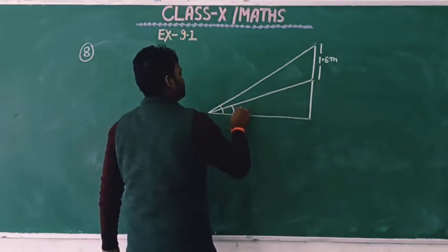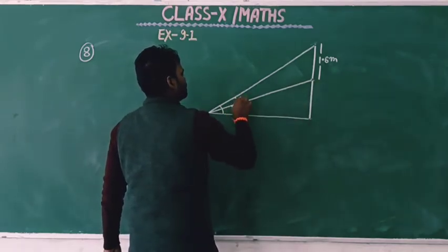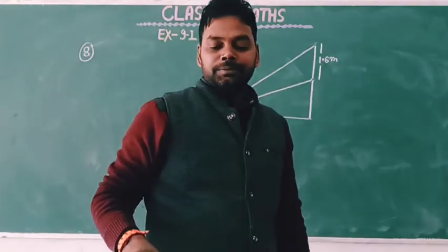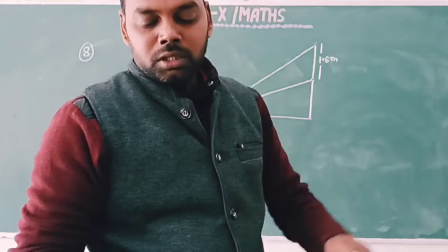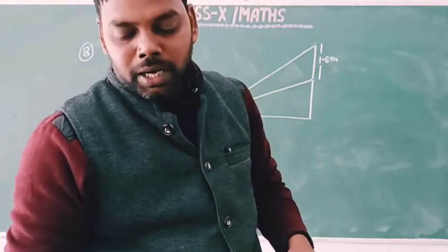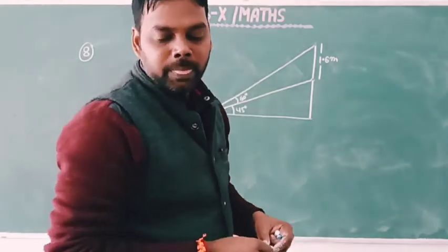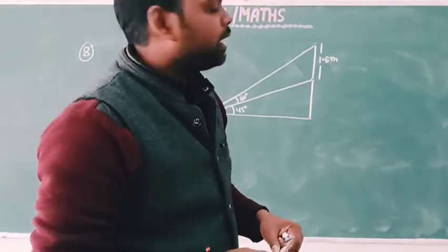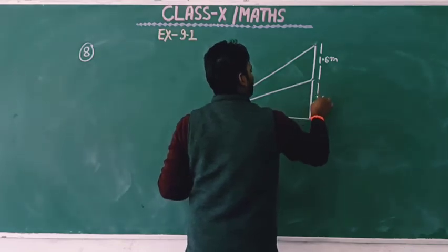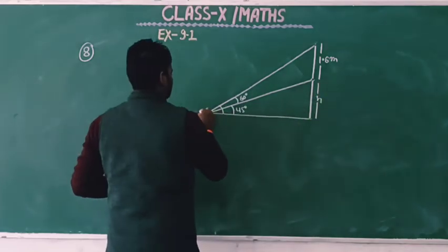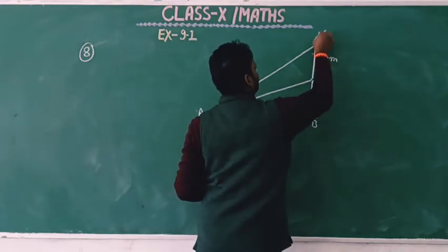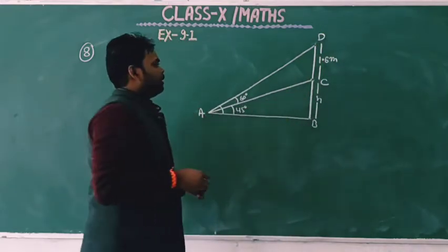This angle is 45 and this angle is 60 degree. Then we have to find the height of the pedestal. Clear? So let the height of the pedestal be h. Naming A, B, C, D.